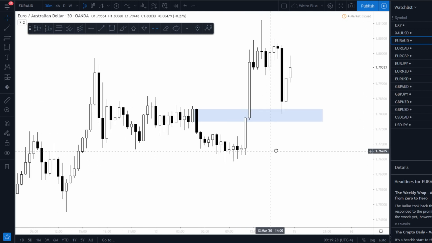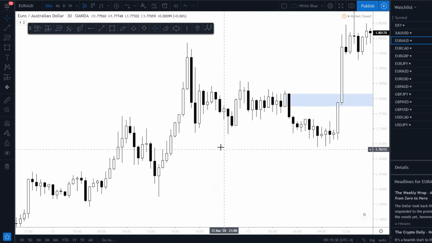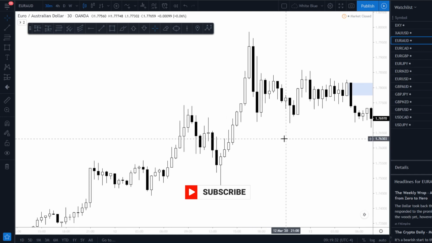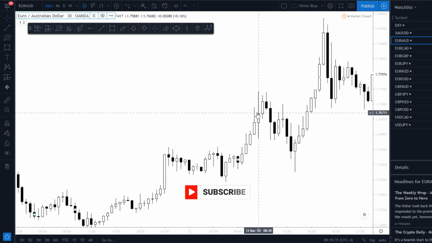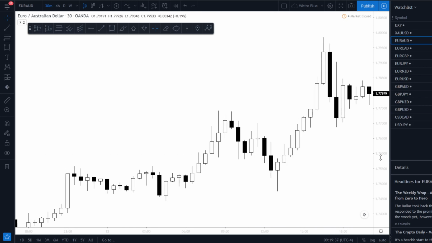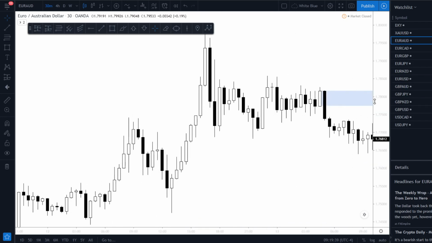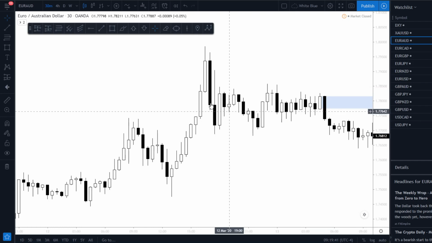Let's just have a look at some others, if we can find any. So here's one actually that I'd probably be having a look at. So right here, let's say you're looking in here. This is not a good example because as you can see, it's got a massive wick going from up here all the way down, and then we've got another big bar after that.